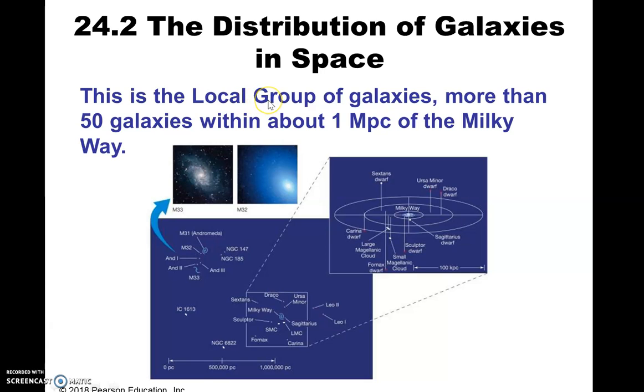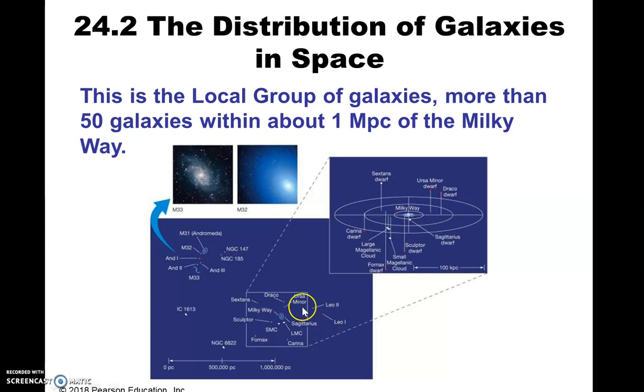The Local Group of galaxies. And this is roughly 50 galaxies, at a distance of about one megaparsec. So you go out from where we are about 1 million parsecs outward, and you're going to pick up all the galaxies within the Local Group.